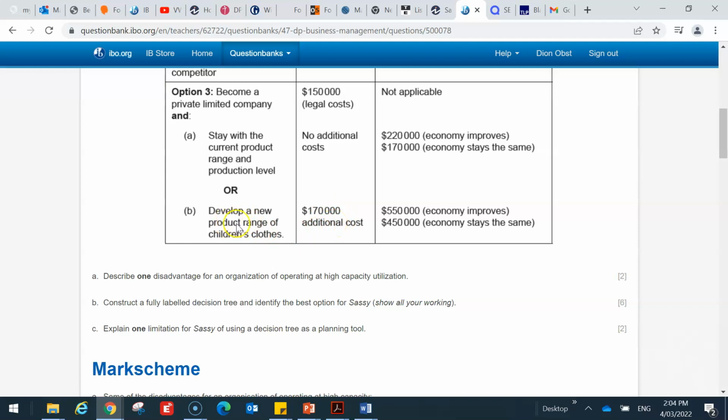Well, they're developing a new product range. So you can imagine as part of that development process, certainly the costs around research and development really factor in here. So we need to keep in mind that for our branch 3B on our decision tree, we have to add in our $170,000 of additional costs in addition to the legal costs.